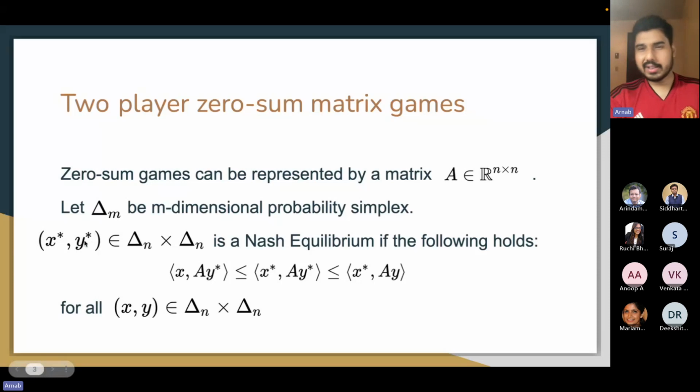During this talk, I'll not use the term probability distribution; instead, I'll use the term strategy, which is a standard notion in game theory. So this is a strategy x star of the x player, and this is a strategy y star of the y player. I'll use x and y, row and column, interchangeably.